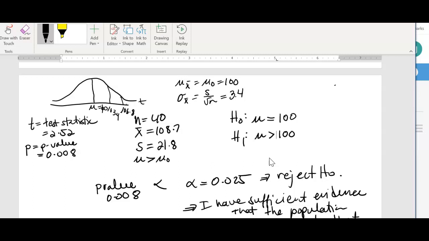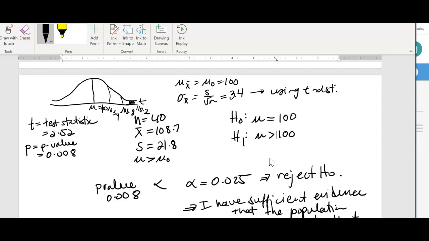You go up one more standard deviation, and this is actually not exactly the same as in chapter 8, and that's why we are using the t distribution instead of the z distribution, because we're going to have more area in the tails. So I go one more, it's going to be 110.2. So my value of 108.7 is right there, which is about 2.52 standard deviations above it.